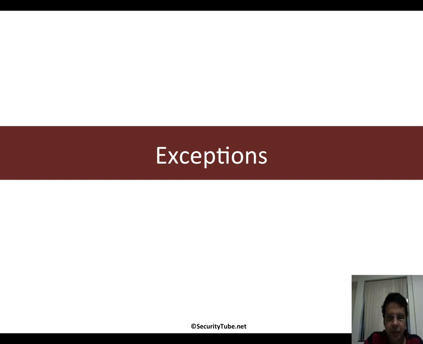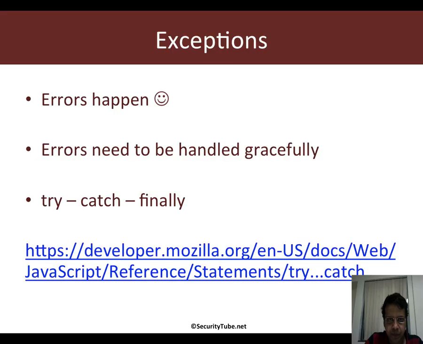Now in this video, we will look at exceptions in JavaScript. So what are exceptions? Now in your program, errors will happen, and that's something most programmers know that it is almost inevitable.